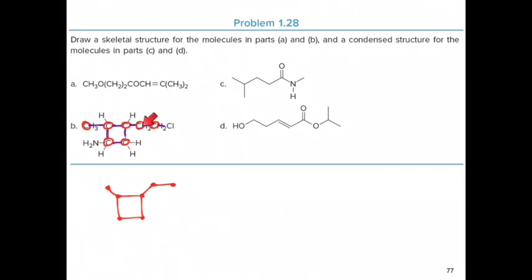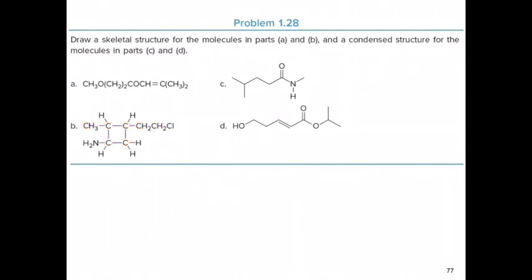And then the second carbon is connected to a chlorine atom. And that chlorine atom should have 3 lone pairs in order to satisfy the octet rule. All right, and then again, the hydrogens that are bonded to the carbon are omitted. Same thing with the carbon atoms. But for the nitrogen, we have nitrogen here, and you can just leave it as NH2 with a lone pair on the nitrogen.